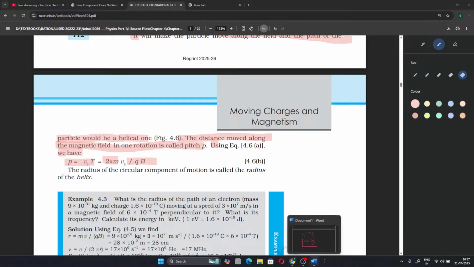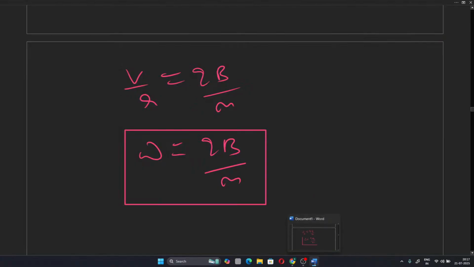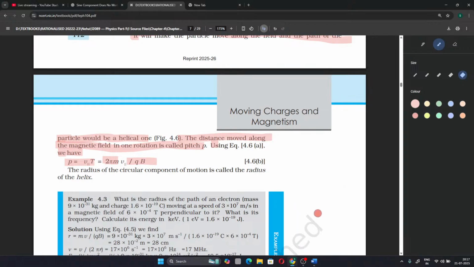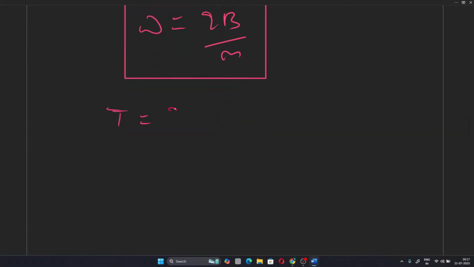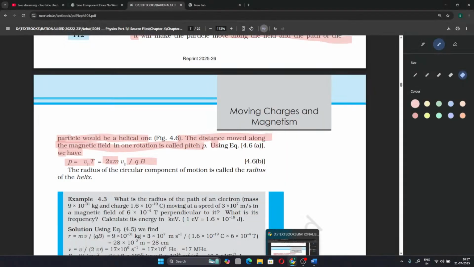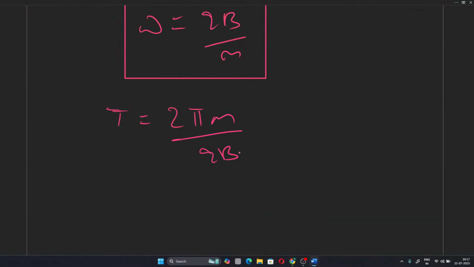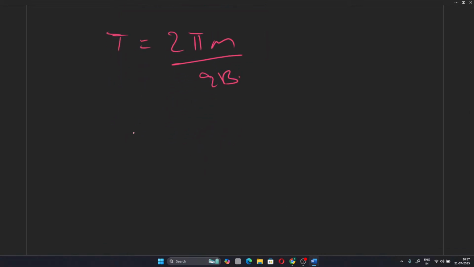Where time period equals 2 pi m by qB. Omega equals 2 pi by time period, so time period equals 2 pi by omega.